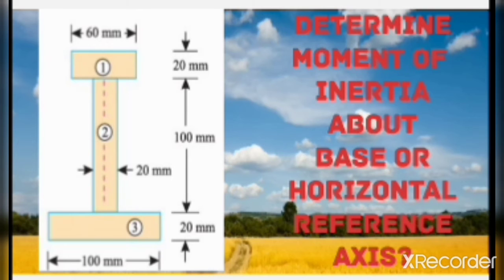After finding x1, x2, x3, y1, y2, y3 by taking the horizontal and vertical reference axes, we have to find x bar and y bar. I already told the formula for x bar and y bar in the previous slide. By using that formula, we find x bar and y bar.